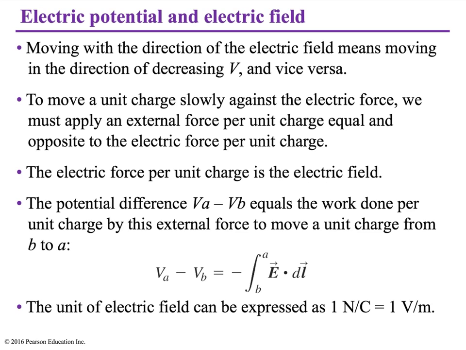Because of this relationship between potential and electric field, we introduce a new way of expressing the electric field. Before, we expressed it as newtons per coulomb, but now we can also express it as volts per meter. Those two units are exactly the same. They don't change the magnitude of the electric field at all.